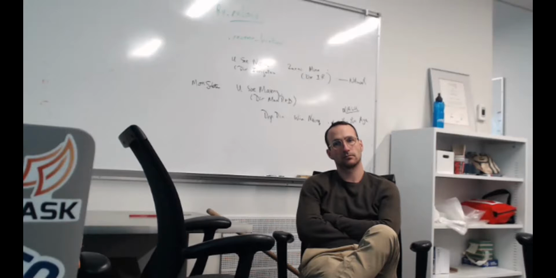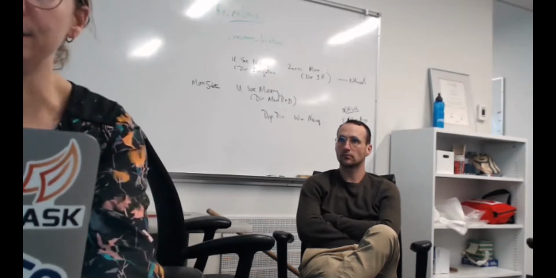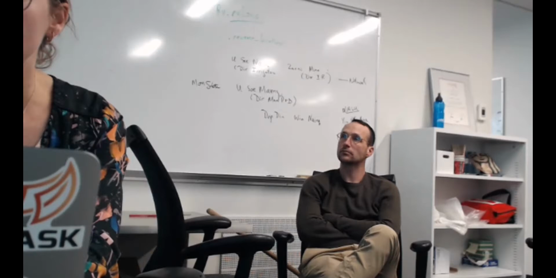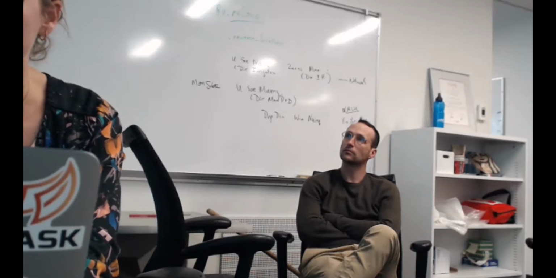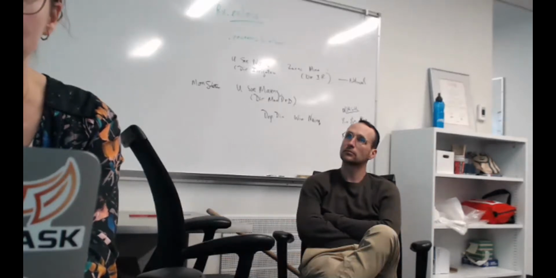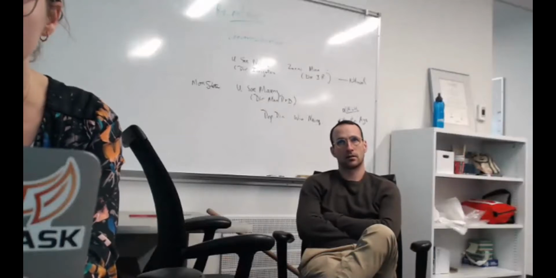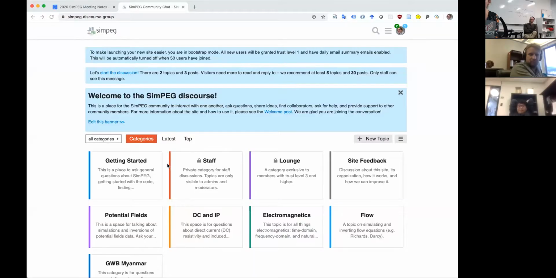But actually, that is a great segue into Discourse. So I set up a Discourse group. And I will just share my screen, Saki and John, so you guys can see this. Can you see that? Okay, perfect.